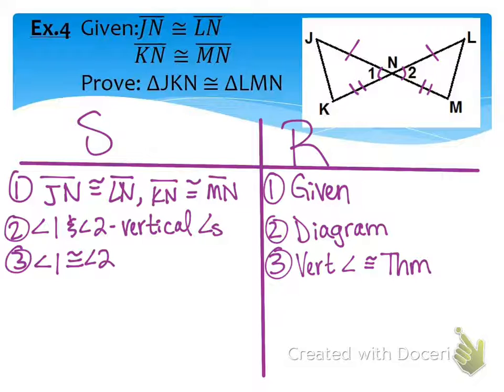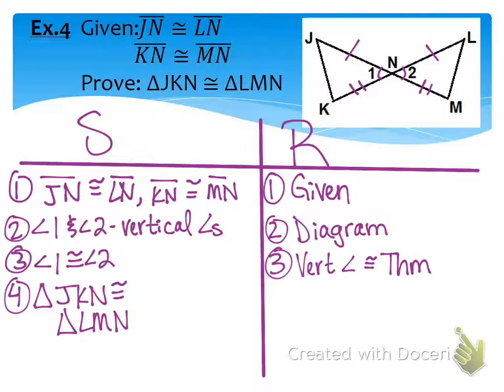State our proof statement. We can go ahead and say that triangle JKN is congruent to triangle LMN. Who can tell me why? Other than Majay, because she's told me a lot. Caleb.